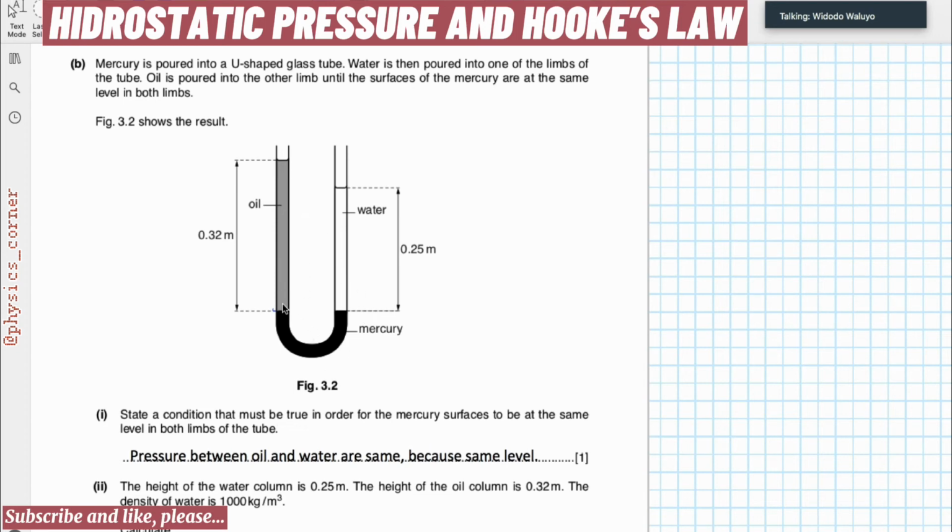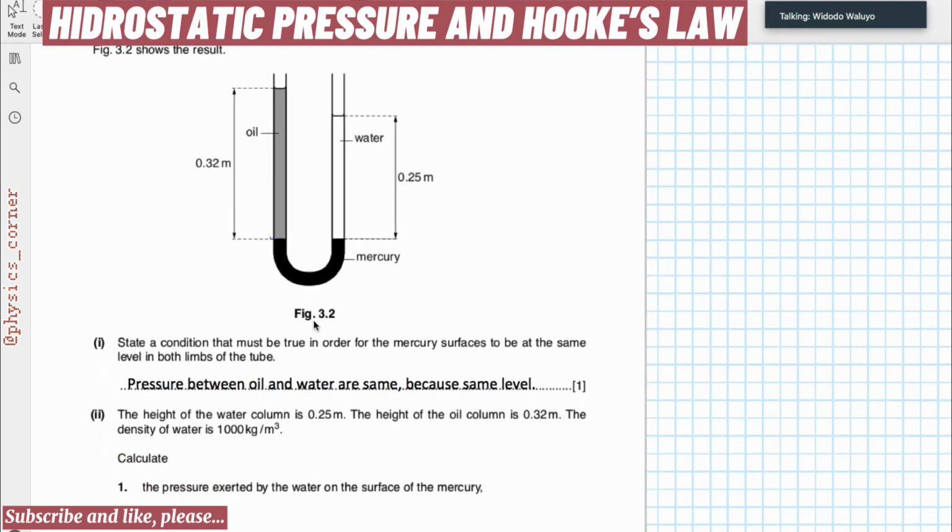This is actually because the pressure of the oil and water is the same, like equilibrium, the pressure by oil equals the pressure by water on the mercury. So this is the answer. Pressure between oil and water are the same because of the same level. Karena same level ini dia menyebabkan itu dikatakan sebagai pressure-nya sama, ya.